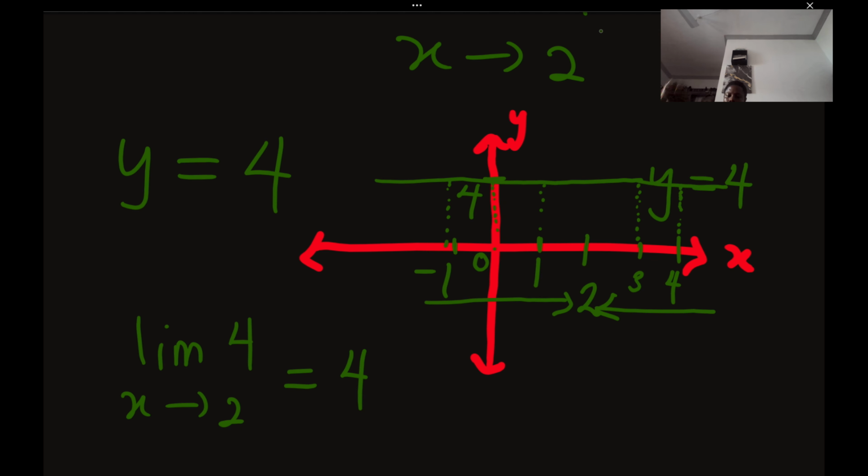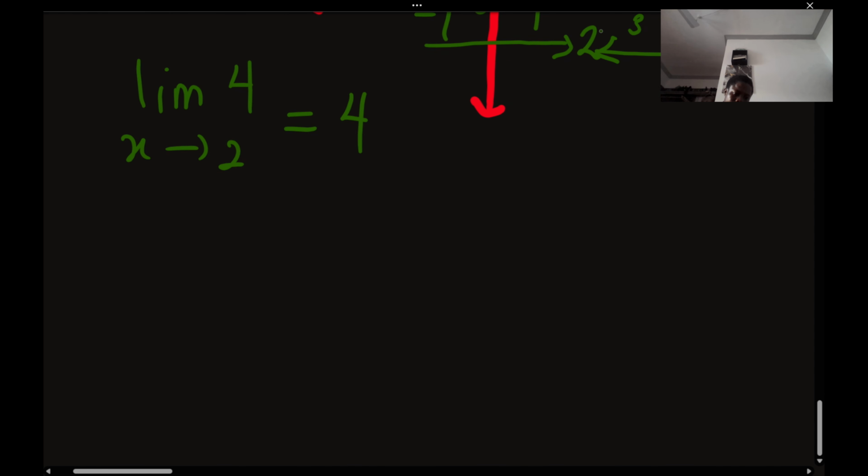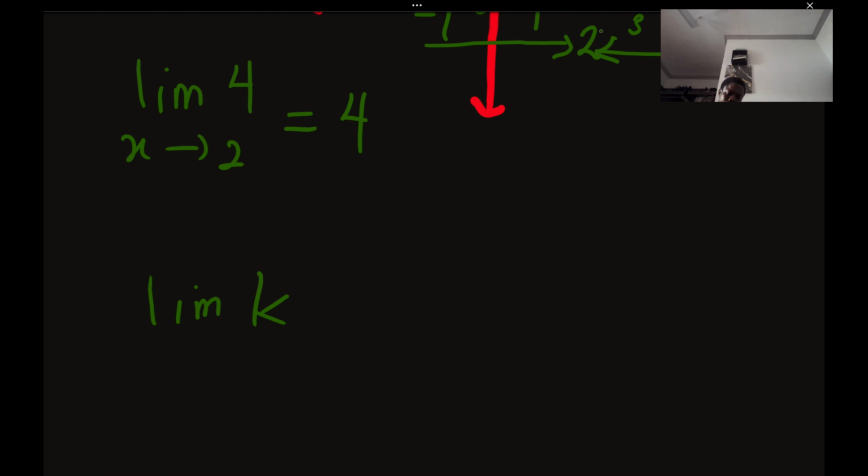So let us get the general form of what we have just done. If you have your limit of k as x approaches a certain number, I've used c over there, it's going to be k.